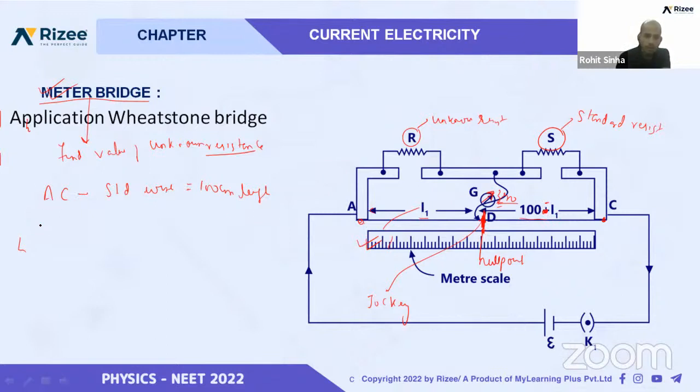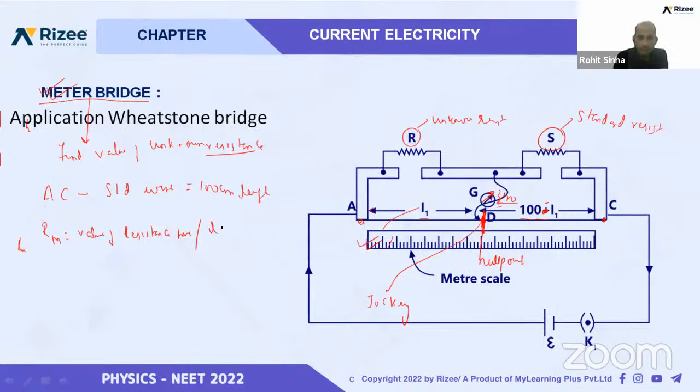When we buy any meter bridge, we have some value of resistance, called RM, which is the resistance of the wire per unit length.